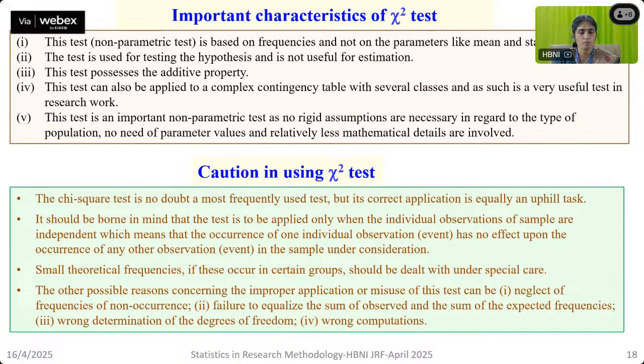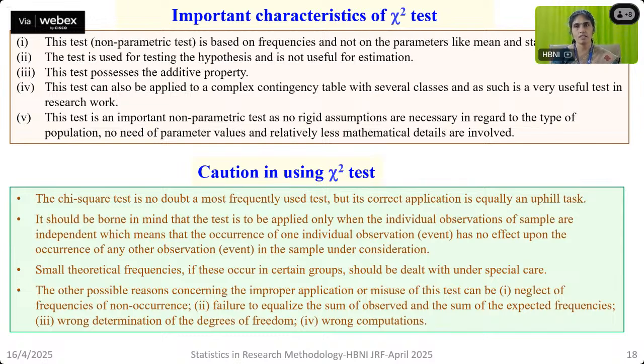And if at all there are small theoretical frequencies, small values only, then they should be dealt with very special care also. And there are chances of committing mistakes when we do neglect the small frequencies or nil frequencies, and sometimes the summation if we fail to do, or one has to keep in mind that O minus E factors always add up to 0.